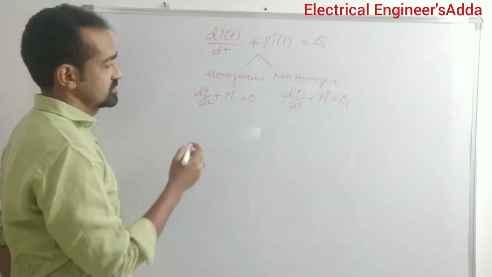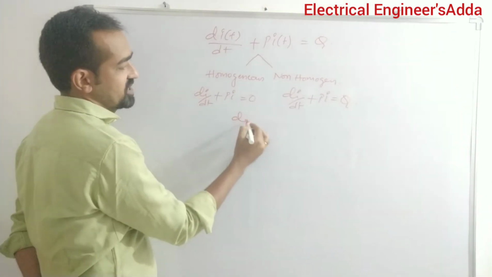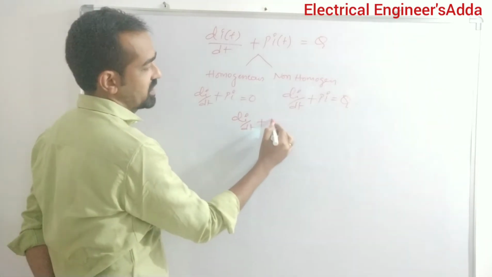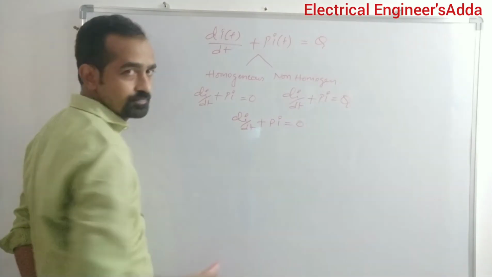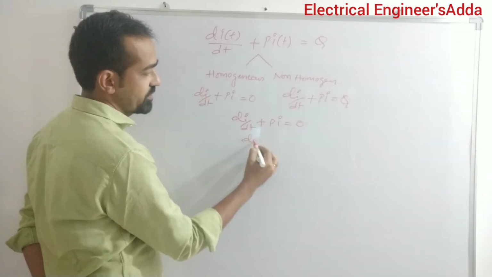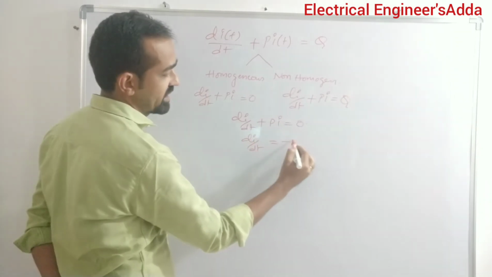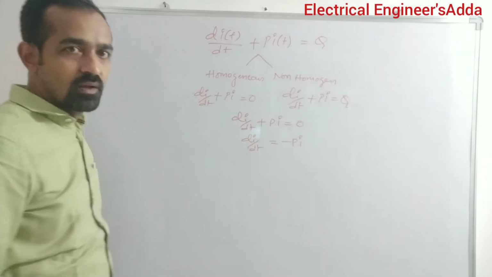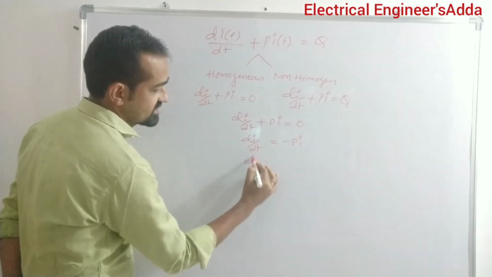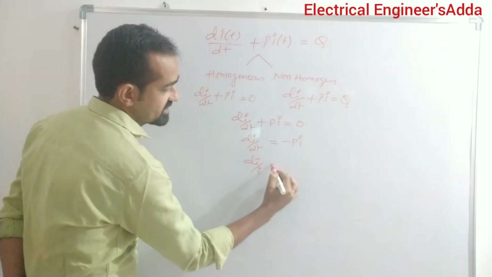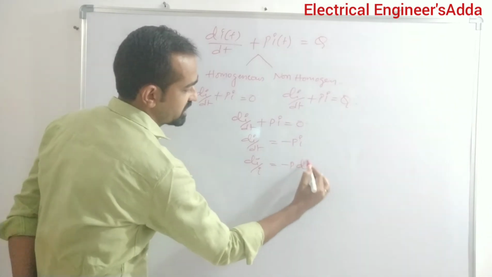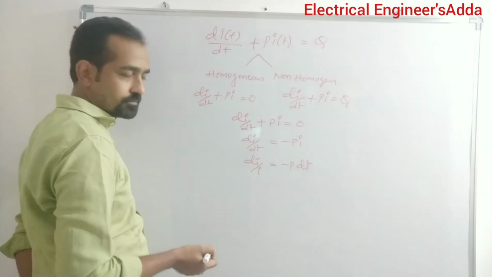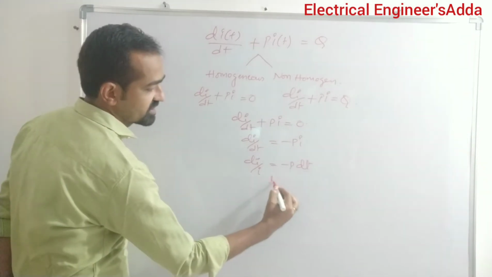Here di/dt plus p i equal to 0. This can be written as di/dt equal to minus p i. This can be rearranged as di/i equal to minus p dt. Integrate on both sides.